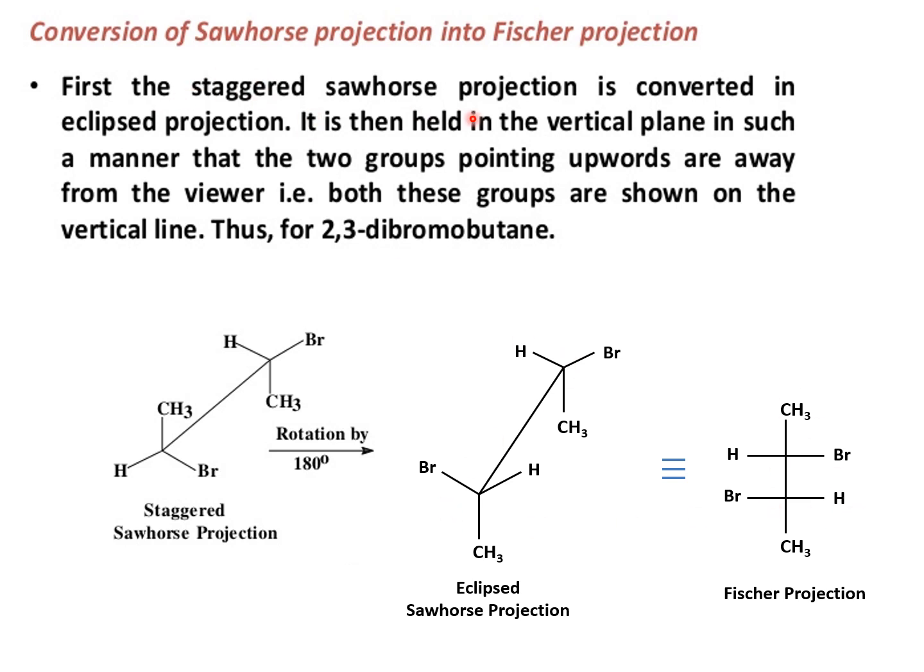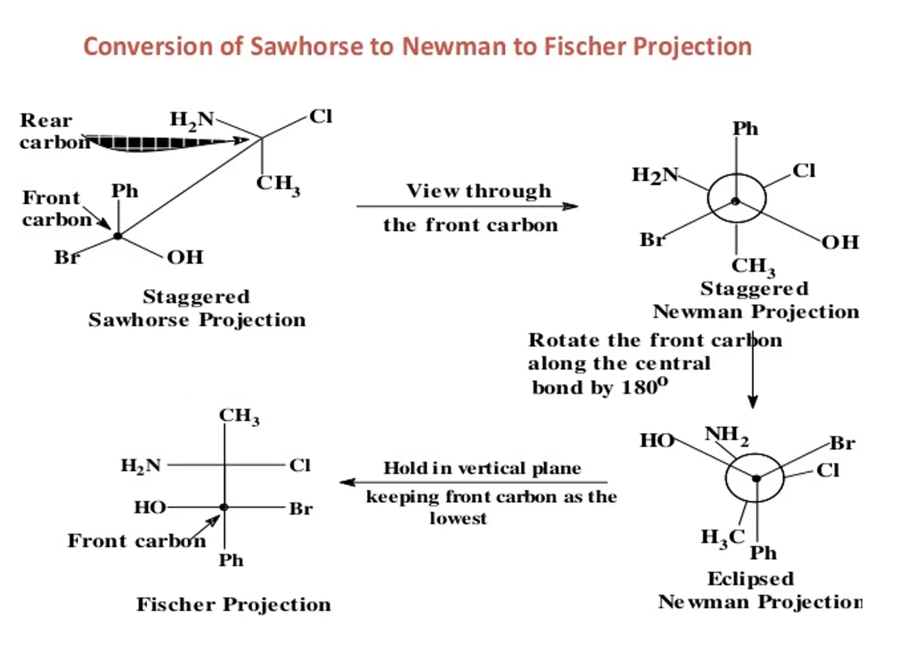First the staggered Sawhorse projection is converted to eclipsed, then held in the vertical plane in such a manner that the two groups pointing upwards are away from the viewer. That is, both these groups are shown on the vertical line. Therefore, 2,3-dibromobutane: staggered conformation, eclipsed, followed by the Fischer projection.